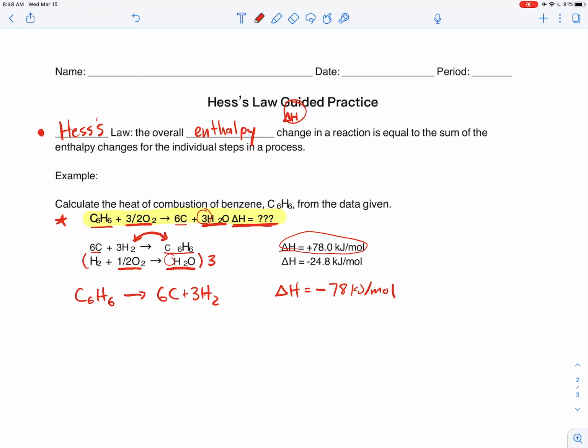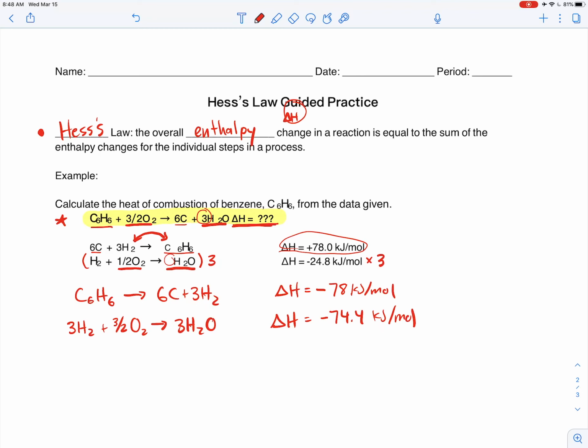So I'm going to go ahead and do that and rewrite this equation. Now I have my 3 waters. I also need to multiply the delta H by 3. So this becomes negative 74.4 kilojoules per mole.